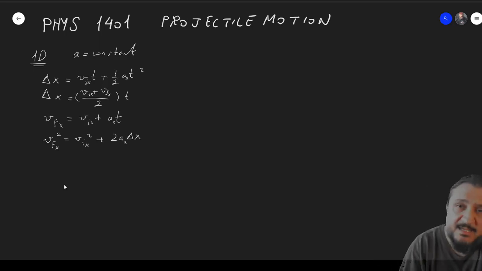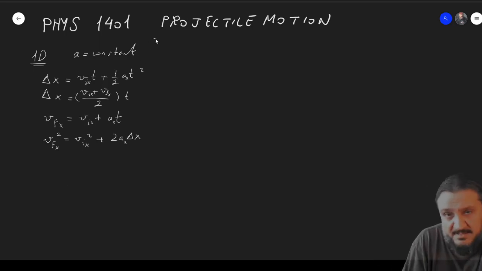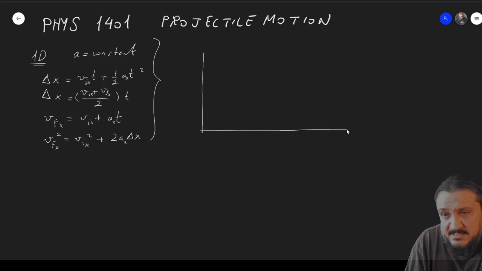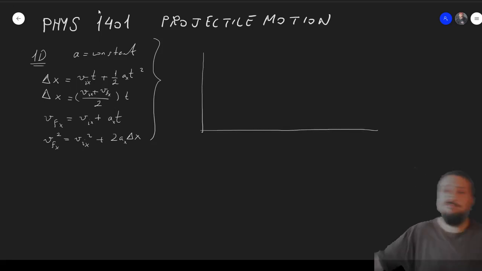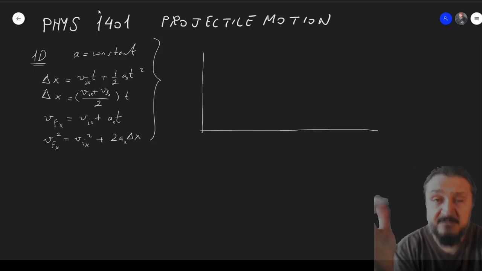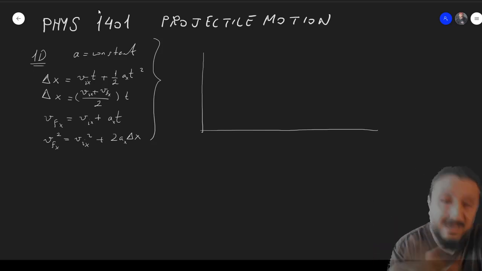All right. Now, what is projectile motion, and what does it have to do with this? Okay. A projectile is any object flying under the influence of gravity.